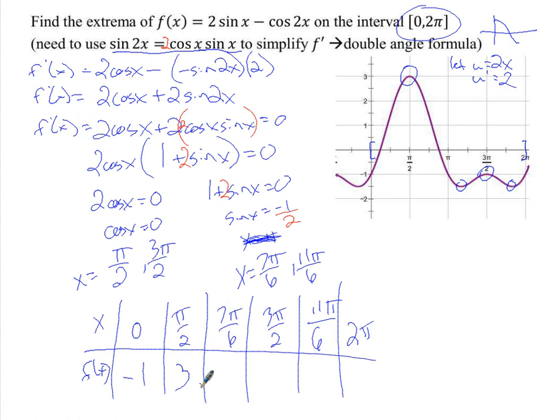All right, 7 pi over 6. Sine 7 pi over 6 is negative 1/2. All right, see how much easier it is with a unit circle? Negative 1/2 times 2 would be negative 1. And then we have minus cosine of 2 times 7 pi over 6. So that's 7 pi over 3.